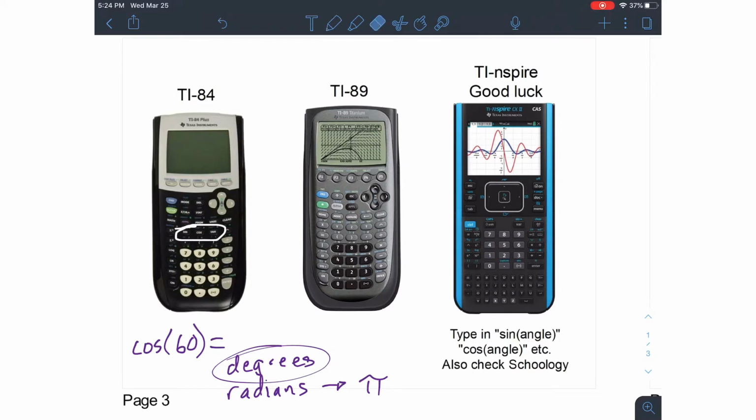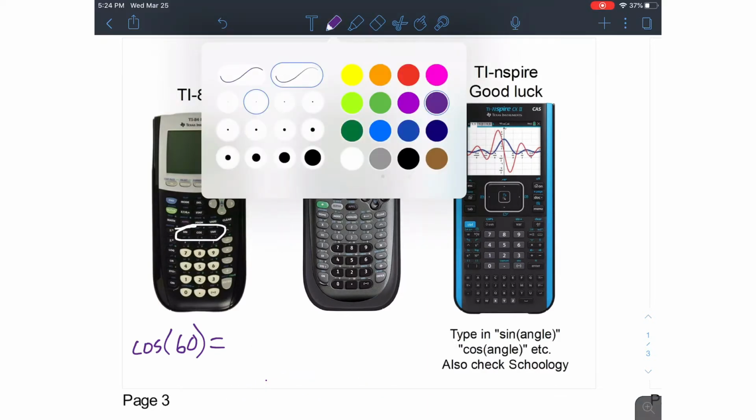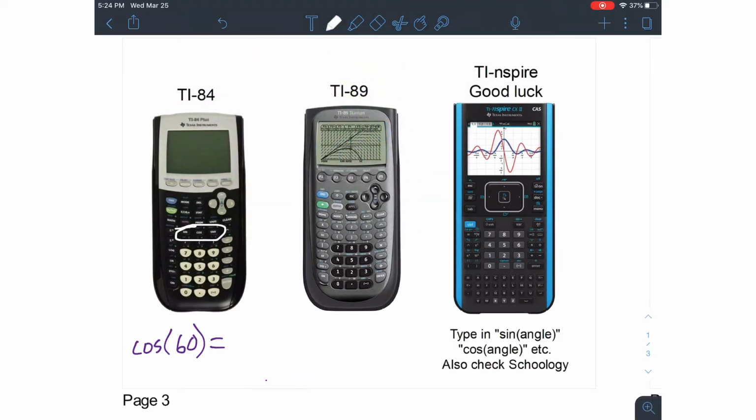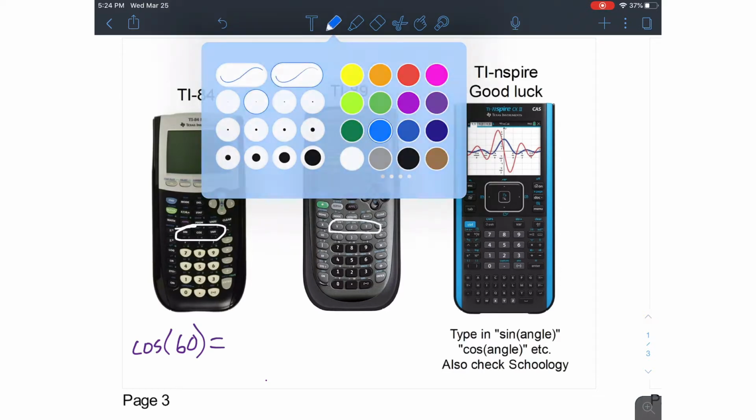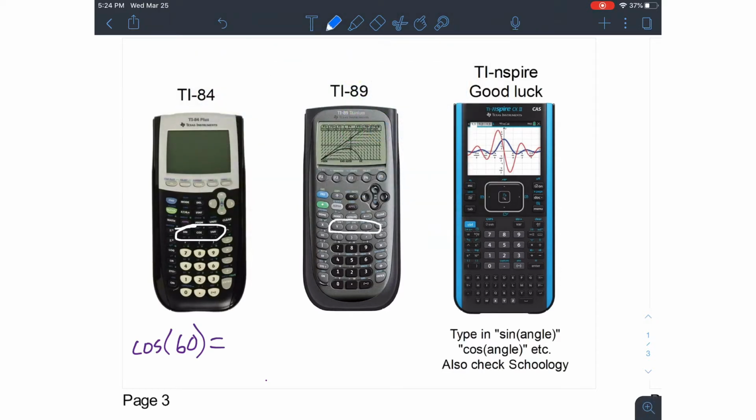When I cut away, I'm going to demonstrate how you can determine if your calculator is in degrees or in radians. The next thing, if you happen to have a TI-89, yours are going to be located here where you've got Y, Z, and I'm having a hard time seeing a T. In order to calculate this, you have to first hit your second button, and then select whichever one of these you wanted.